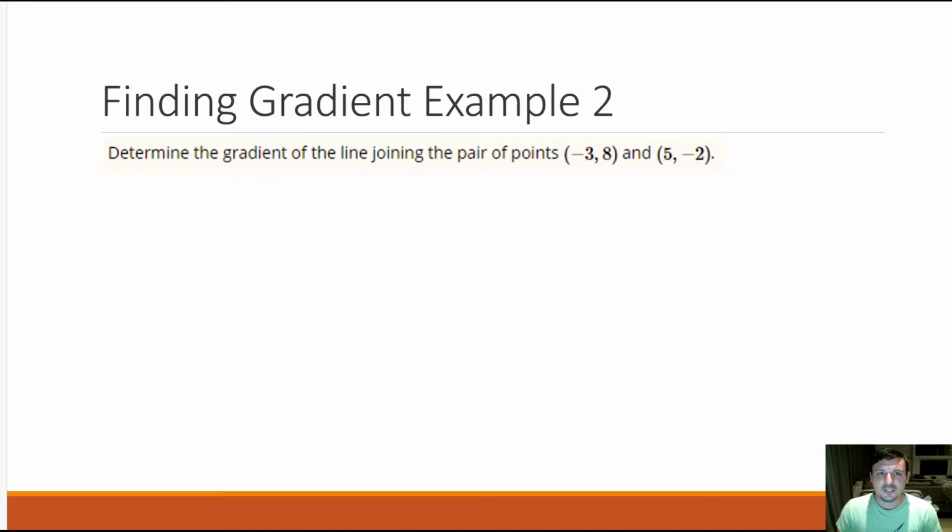Our second example here is when we don't have a graph, which is actually quite simple. So what we tend to do to start off with is we label our points. I like to actually go x1, y1 underneath them, and x2, y2 underneath them, just so I can see visually what x1 is equal to, what y1 is equal to, and x2 and y2. You can do that with the other ones, but I thought it's probably easier to do it with this and show that a bit better.